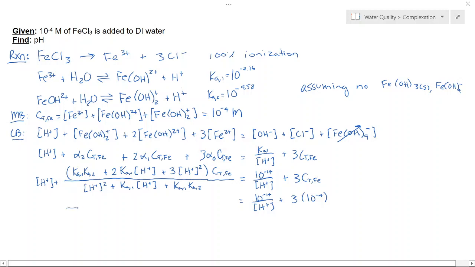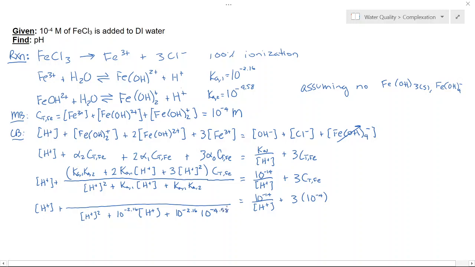And over here, H plus squared. I'll go ahead and put my H plus right here. And then plus 10 to the minus 2.16 times H plus 10 to the minus 2.16 times 10 to the minus 4.58.